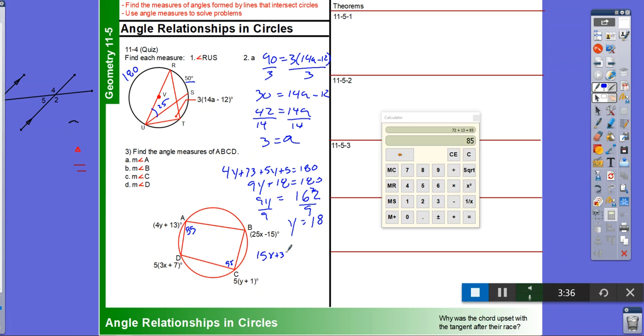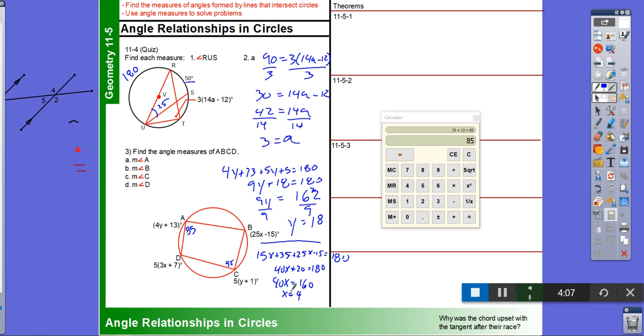All right, so using the same logic, we know that 15x plus 35, so right here, plus 25x minus 15 has to equal 180. 15 plus 25 is 40, so we get 40x. 35 minus 15 is 20, thank goodness it's an easy one to figure out in your head. So subtract 20 from both sides, so I get 40x is equal to 160, so that means x is equal to 4.